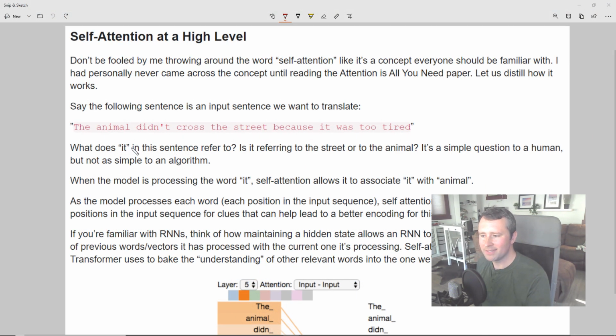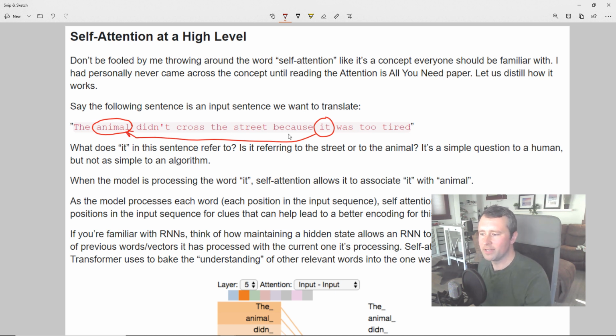So Jay explains the function of self-attention with a nice example here: "The animal didn't cross the street because it was too tired." In order to understand the word "it" in this sentence, the model needs to know that the word "it" actually refers back to the word "animal".